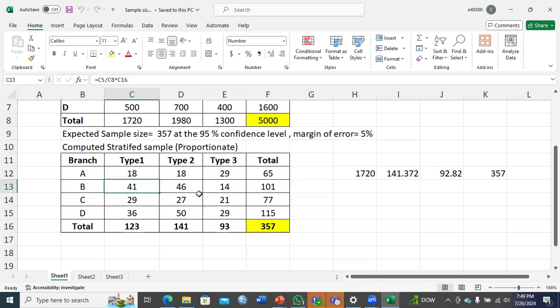Okay, found it. When you are computing these figures, if you have any error, then let me know.